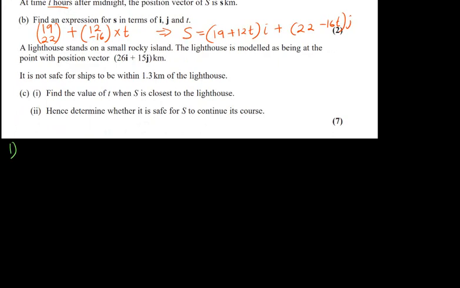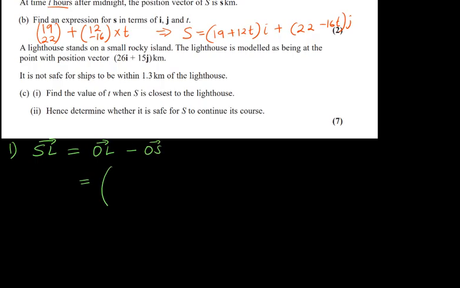Now let's have a look at the following observation. What's the displacement of the ship from the lighthouse? This is the displacement of the lighthouse minus the displacement of the ship from the origin.